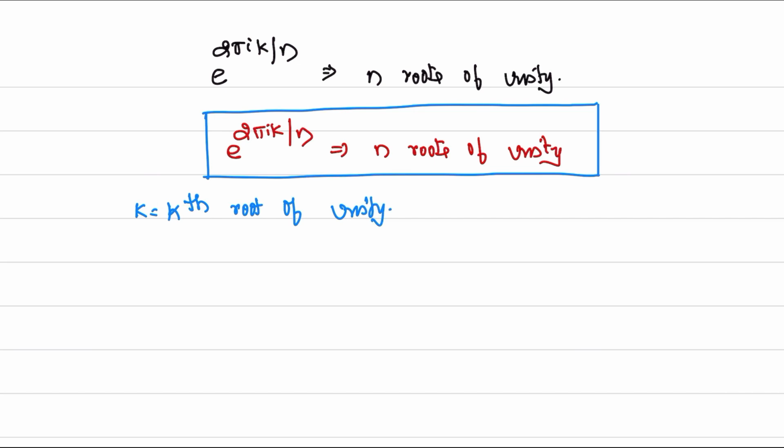If we require the cube root of unity, then we want the first root, second root and third root of the cube root. There will be 3 roots.